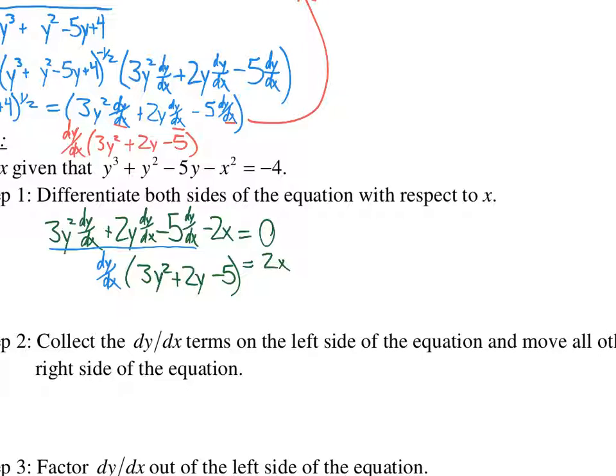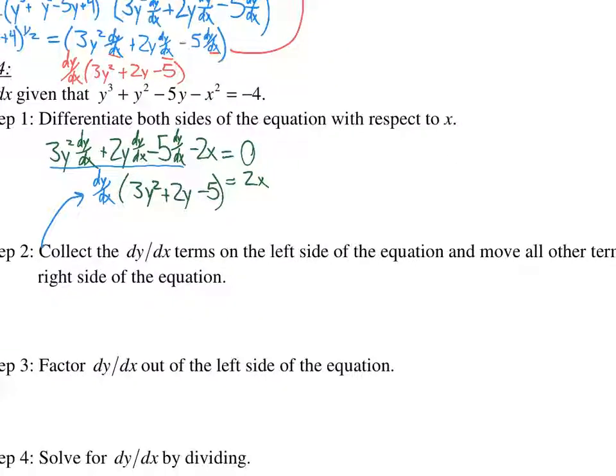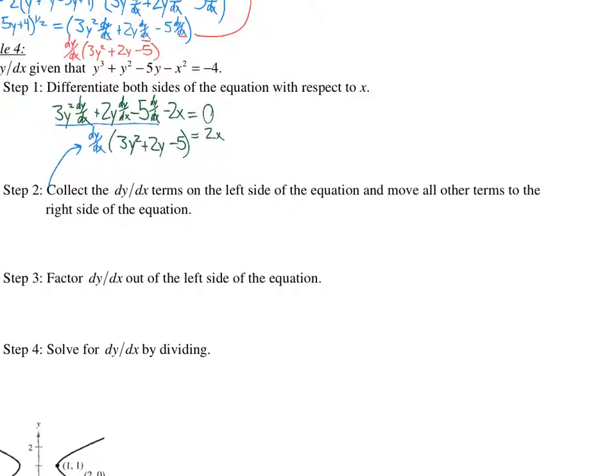Collect all the terms with a dy/dx on the left and all the other terms to the right. And then we factored. I got really carried away, sorry. So then dy/dx is that 2x over the 3y squared plus 2y minus 5.